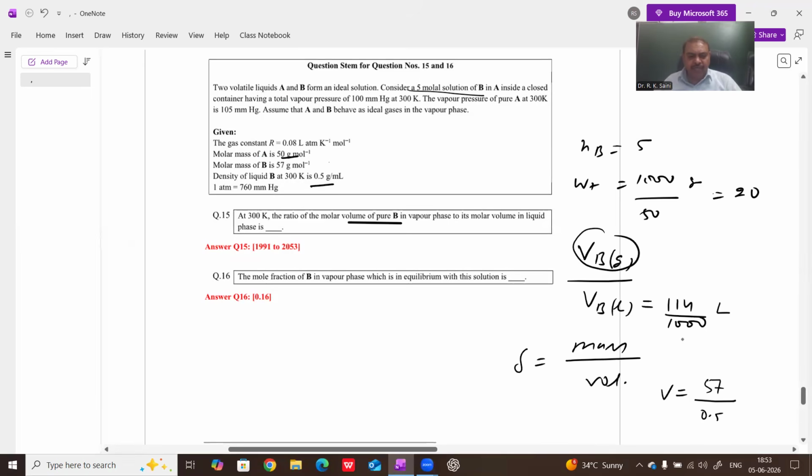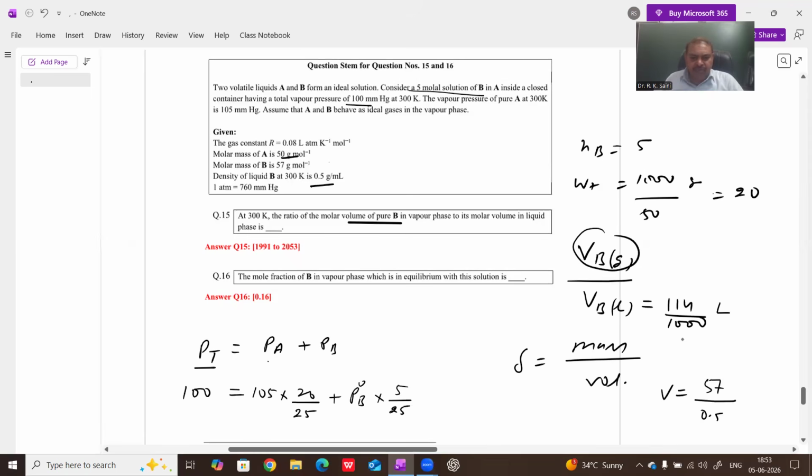With the help of Raoult's law, we know that the total vapor pressure of an ideal solution equals the sum of the pressure of A and the pressure of B. The total vapor pressure of the solution is given as 100 mmHg. The partial pressure of A is given as 105, and its mole fraction is 20 moles upon total moles 25. Plus we find the pressure of B, its mole fraction being 5 moles of B upon total 25.